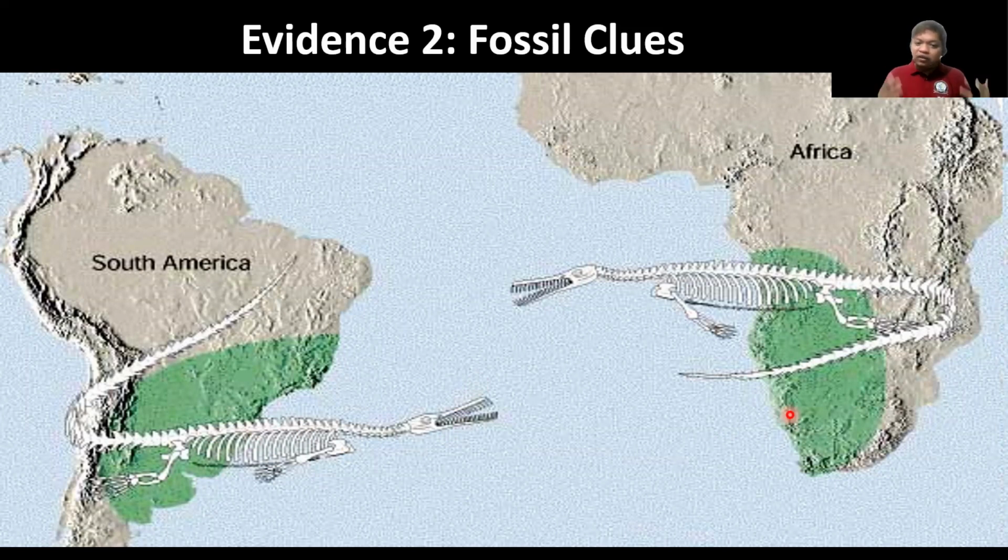Okay, ganun katagal. So, these Mesosaurus, being a freshwater reptile, would not be able to travel that far and that long because sa freshwater lang siya nabubuhay. So there's just one possible explanation for that. South America and Africa were not separated millions of years ago, but they were joined together. Magkadikit po sila. Okay?